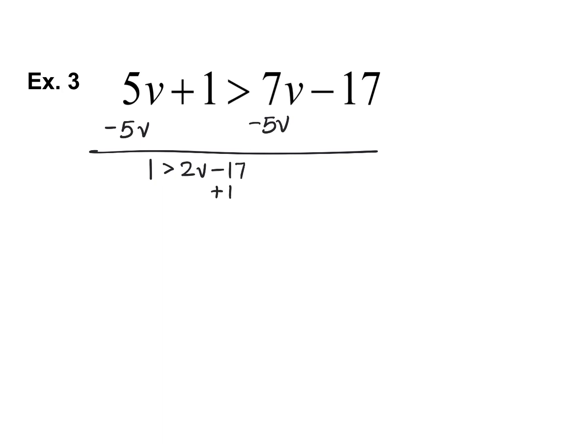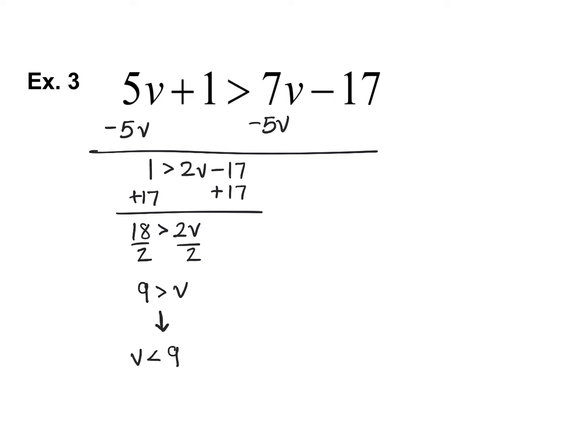Going to add 17 to both sides, and I have 18 is greater than 2v. Divide both sides by 2, and I get 9 is greater than v, or I can rewrite it as v is less than 9.